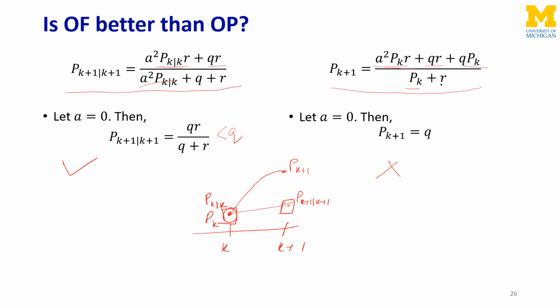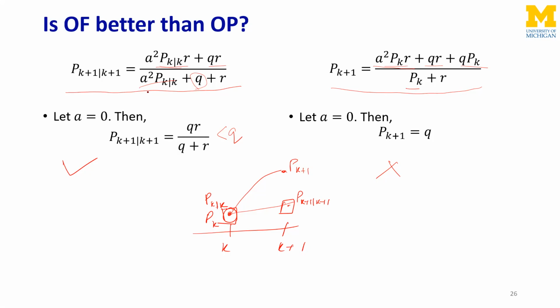We have the same R, but for the covariance, we have this one extra Q term. Well, this makes it larger. Q makes it larger, but a squared possibly can drive down P_{k|k}.